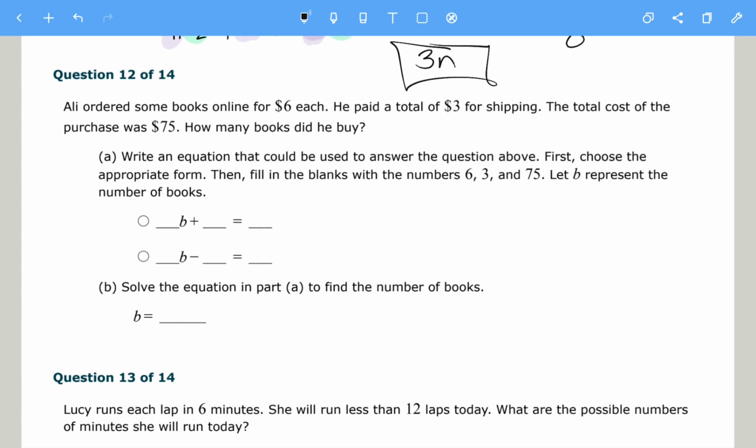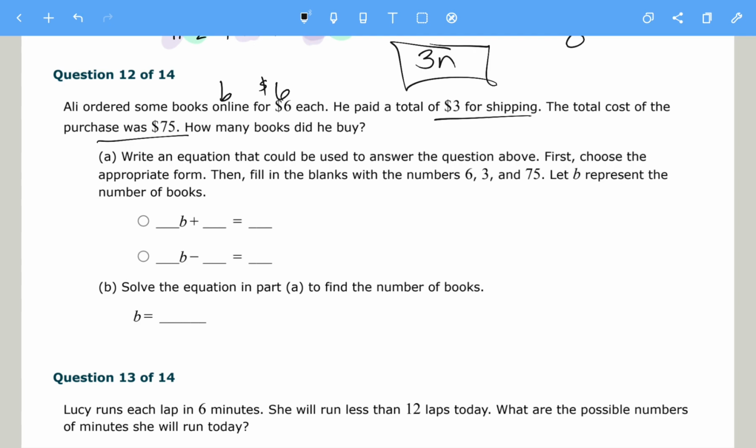Let's look at this next one. Ali ordered some books online for $6 each. So he orders some books online and each of them were $6. He paid $3 total for shipping and the total purchase was $75.